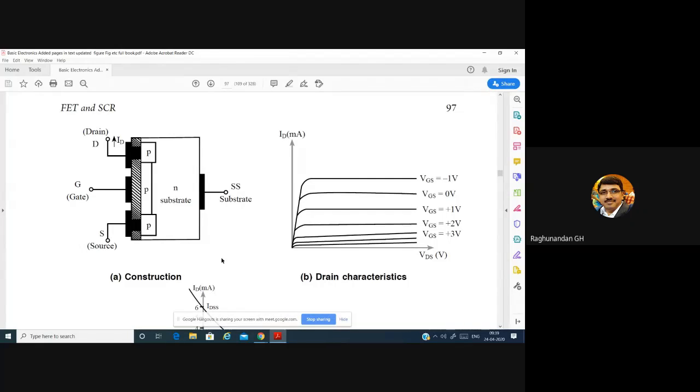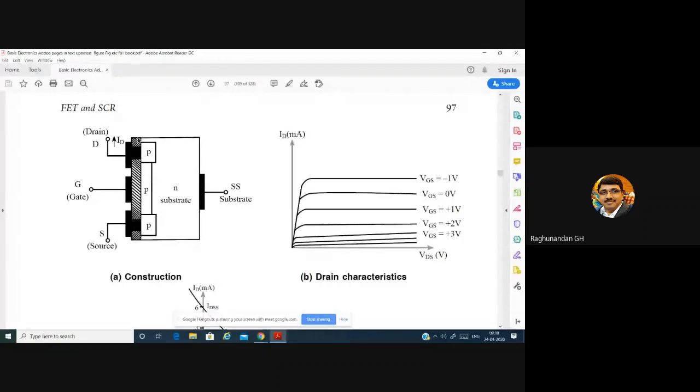Here, in the initial case, the gate and the source will also be shorted and grounded. Now we are connecting the drain to the negative terminal of the battery. Because of that, when you start increasing the drain to source voltage, a negative electric potential is created across this.